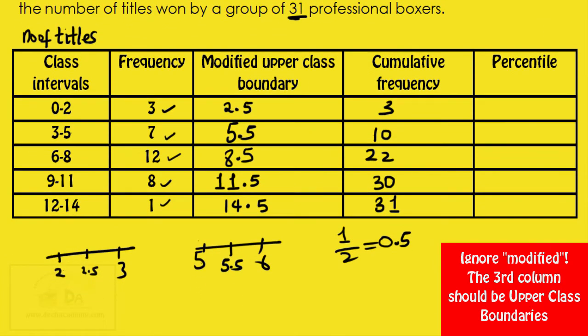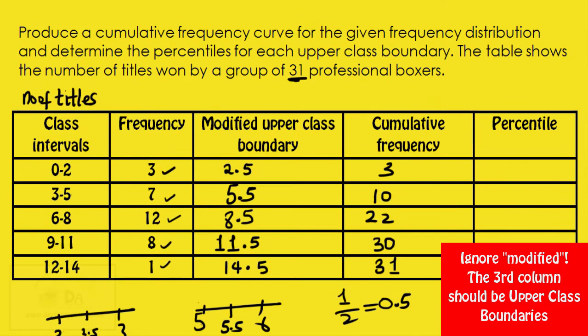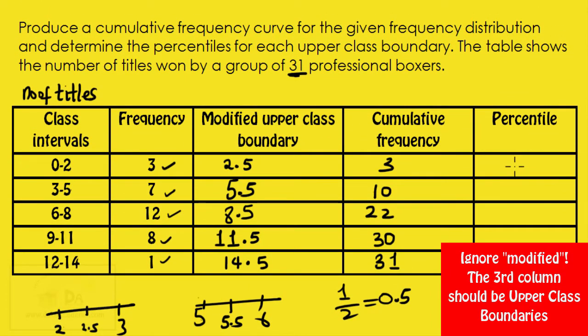So I'm going to plot the cumulative frequency curve. But before I do that, I'd also like to just make you observe that I have a percentile column here, and I'm going to use that to state the percentile at which the upper class boundary of the class lies, but we'll come to that later.